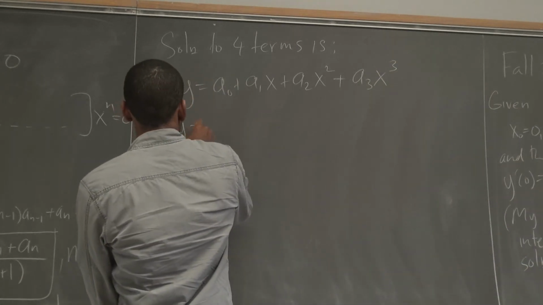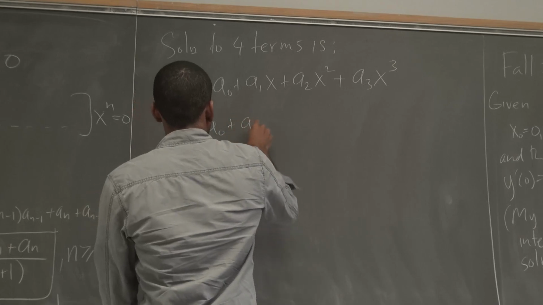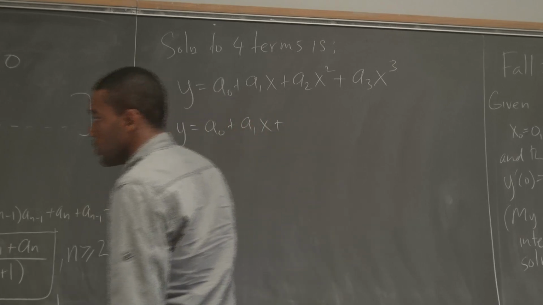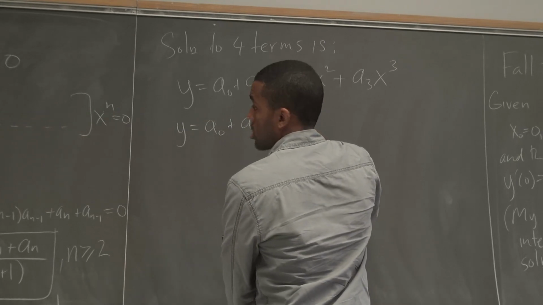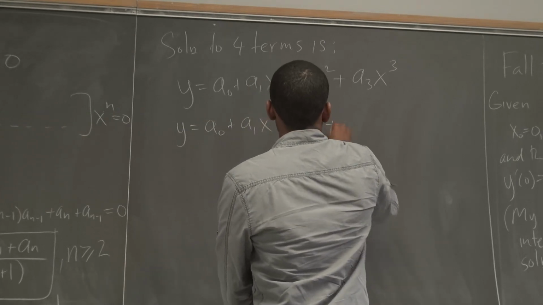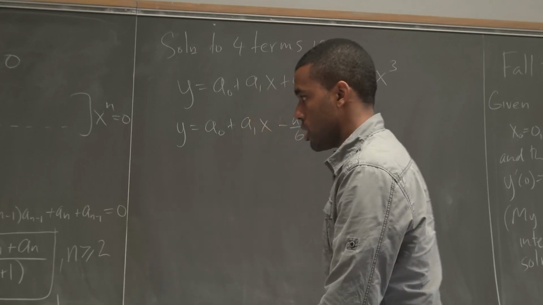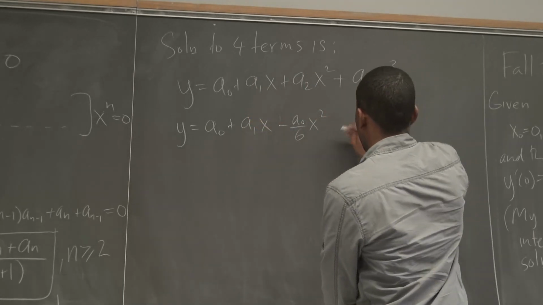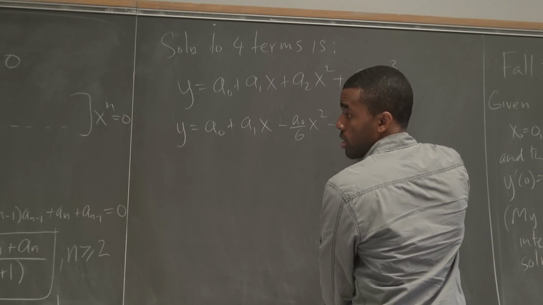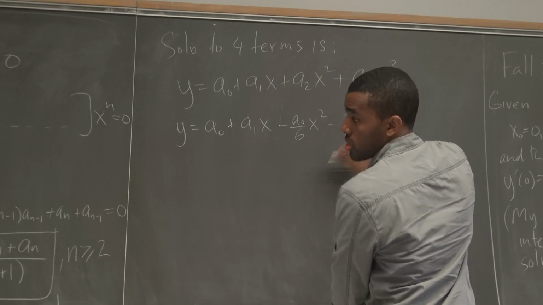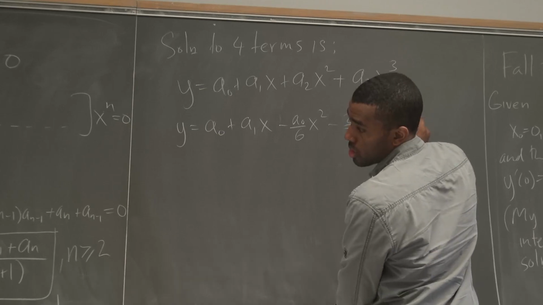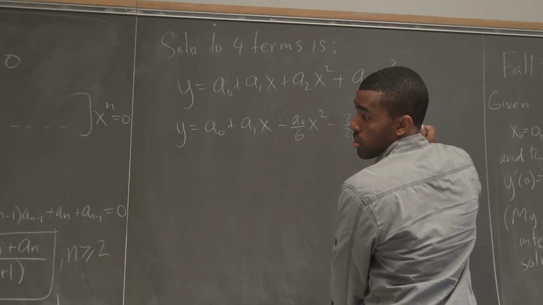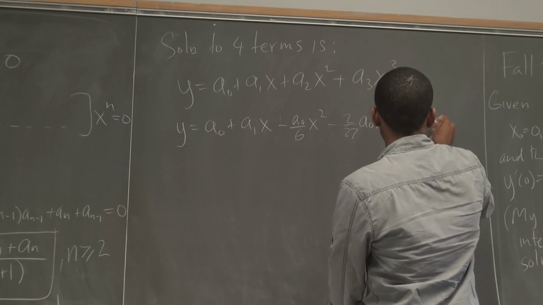So this is y is equal to a0 plus a1x plus a2 is minus a0 over 6. And A3 is minus 2 over 27 A0 minus A1 over 18.